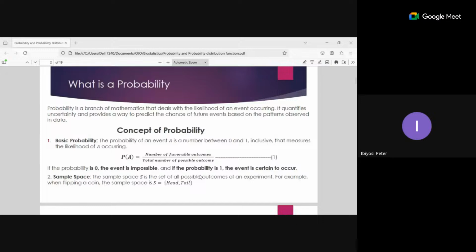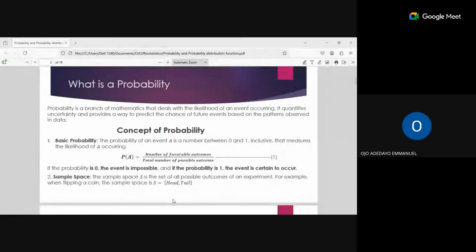Hope is aware that we couldn't hear him. It's like he's offline because I can't see the slide. Oh, sorry, I'm back. Nigeria network. Please, let's continue. So you can see my screen now? No, sir. Yes, we can see your screen.